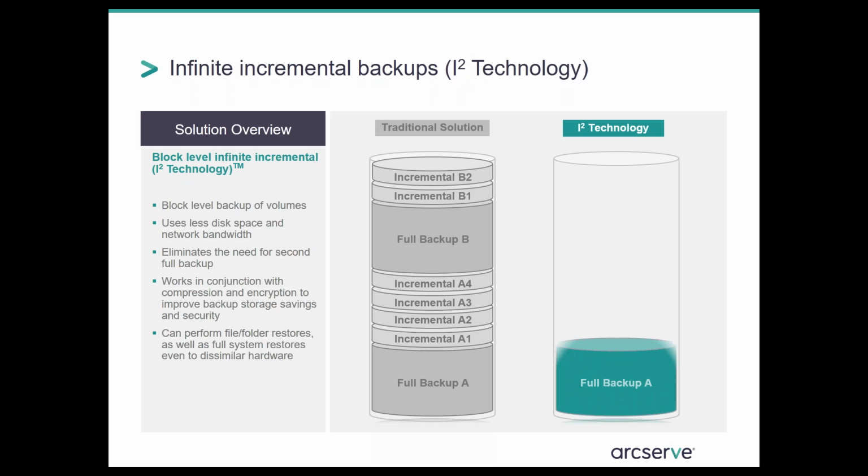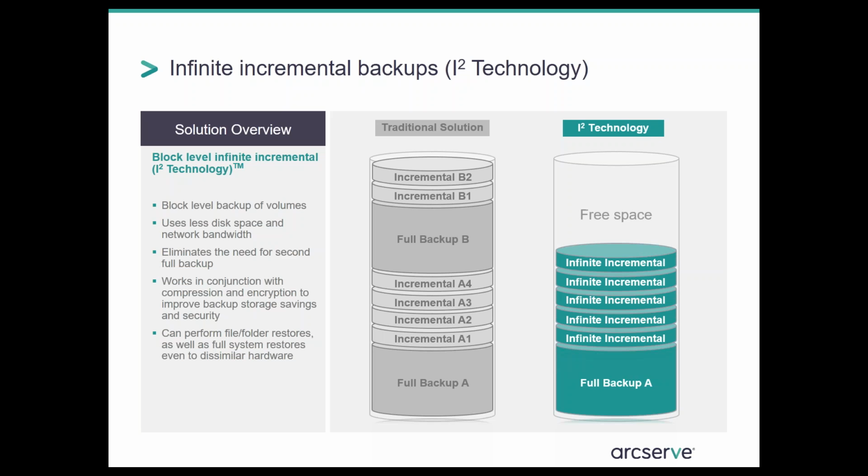If we compare this with infinite incrementals, we still take a full backup for the initial image, but then moving forward, we only ever need to take incrementals. So we end up saving a significant amount of disk space compared to the traditional model. Let's take a look at how this might work in practice.